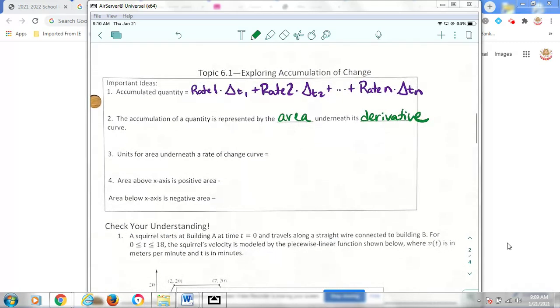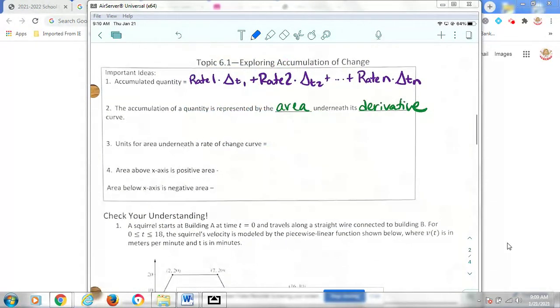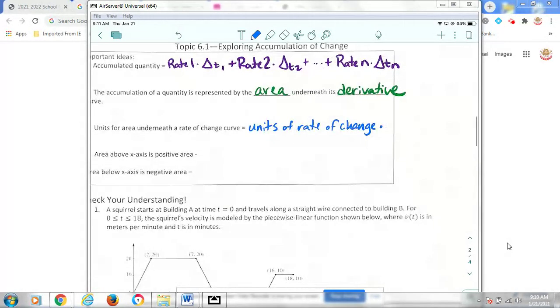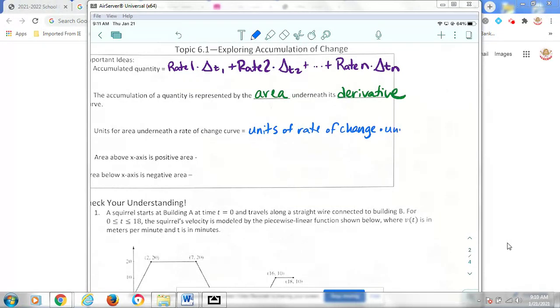So for the area underneath the rate of change curve, it's going to be the units of the rate of change multiplied by the units of the independent variable.